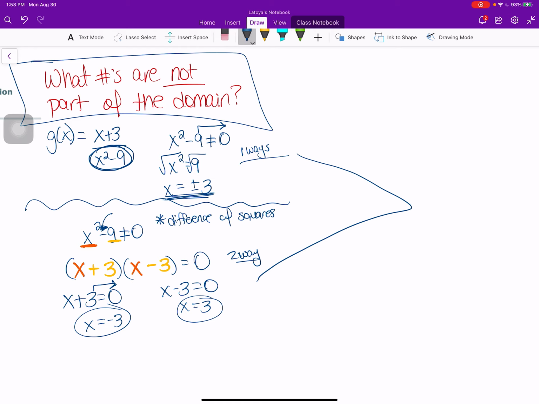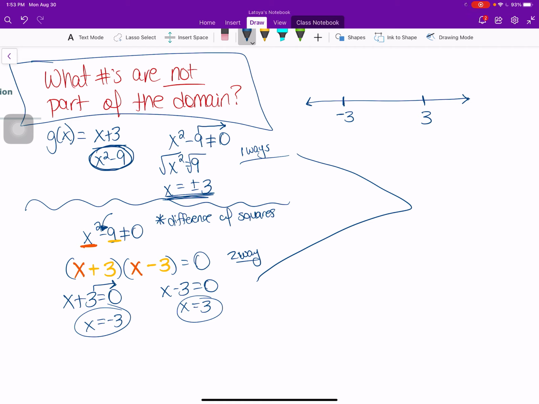Some students have trouble with this. So I was working with a student last week, and I suggested that you plot these numbers on a number line. And it doesn't have to be precise. I just want you to plot them in order and kind of place them where you think they might be. So on a number line, I know that -3 would be here somewhere and +3 would be there somewhere.